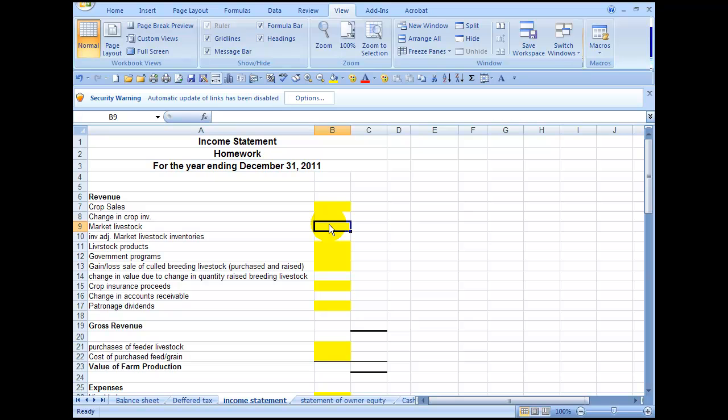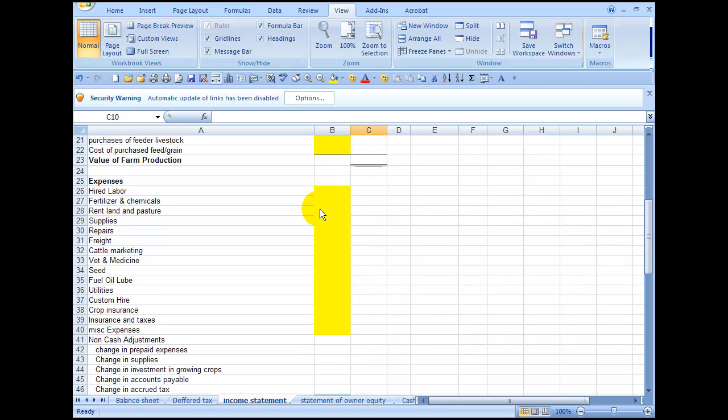So I type in 49,624. The next amount is labor hired, and that's an expense. I come down here to hired labor, and that's 20,000. Fertilizer and chemicals should be an expense, and it's right there, 15,033.